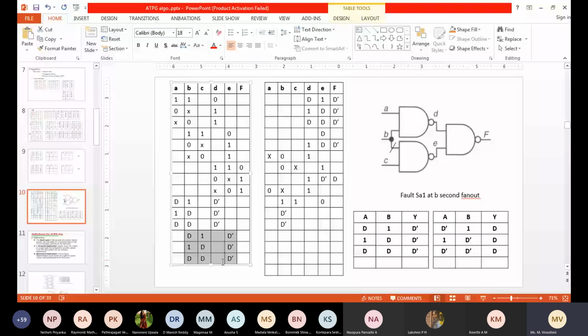Those who didn't understand, please observe what I'm doing. B is D. The other way is also right. So D dash here.